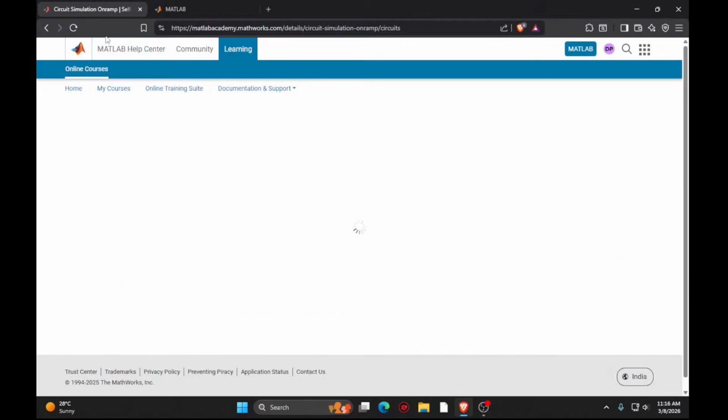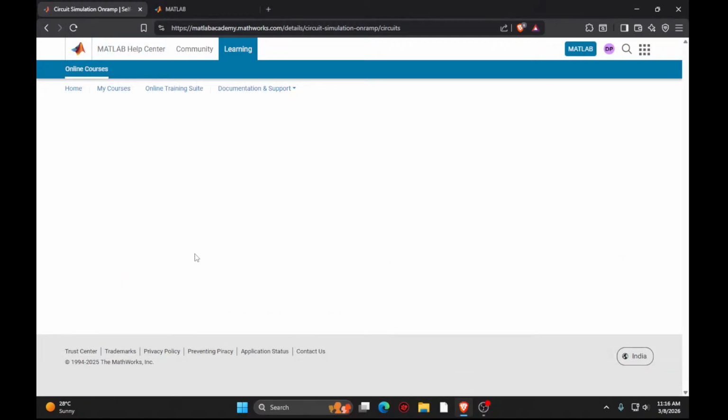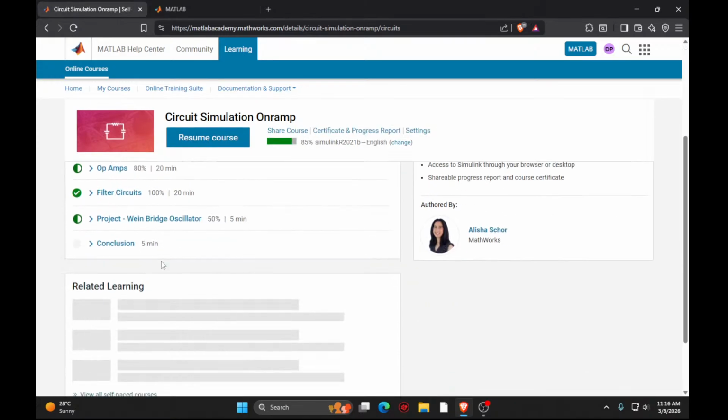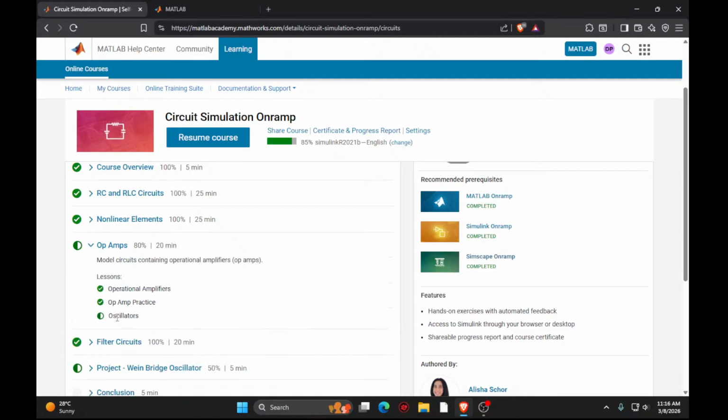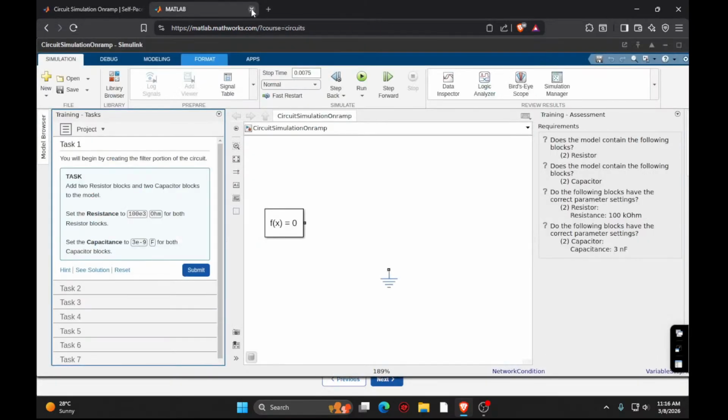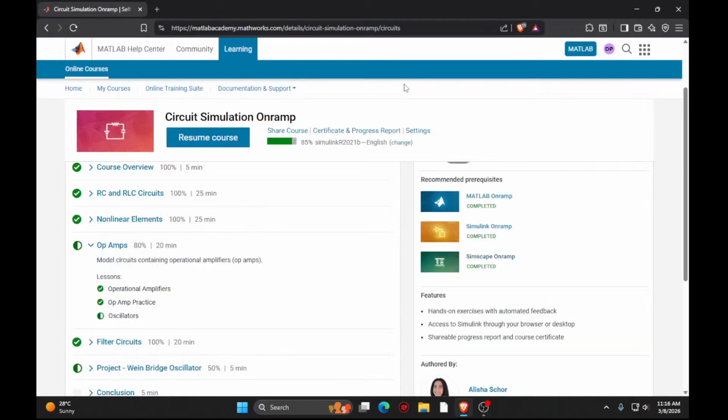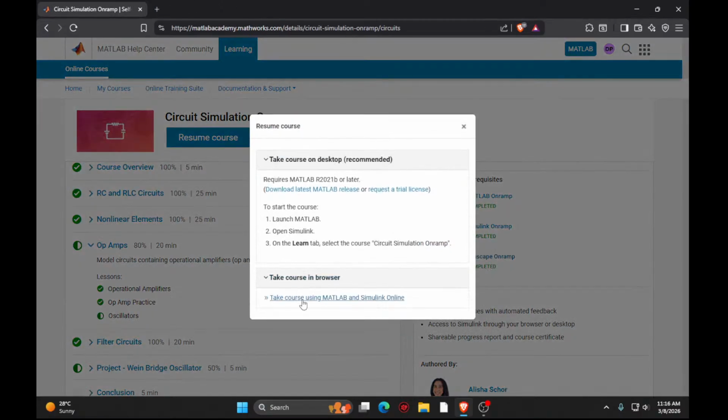Let's see how much of the course is completed. Okay, so we are on the project part, so I will not complete the project part. Instead of that, I will go to the amplifiers, that is op amp.